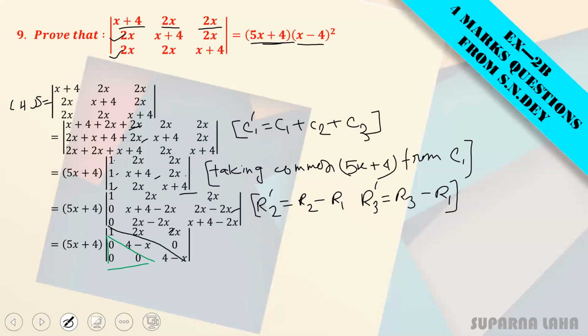So we multiply the diagonal elements: 4 minus x into 4 minus x, which is 4 minus x the whole square, or you can write it as x minus 4 the whole square. The value will be the same. And this is your right hand side. So we proved it.